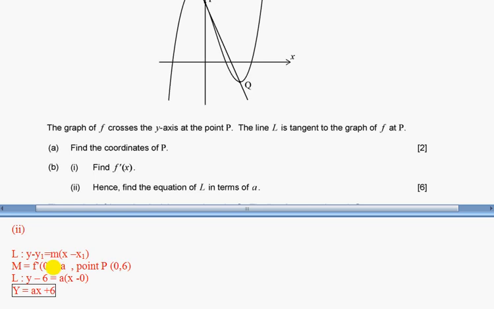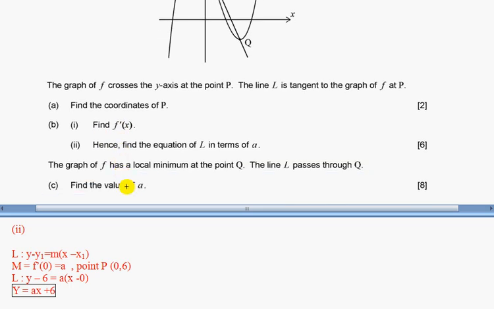The slope will be the tangent to the graph at point 0, and tangent equals derivative. So derivative is a at point 0. We take point (0, 6) as x1, y1, substitute here, and we get the expression for the line.